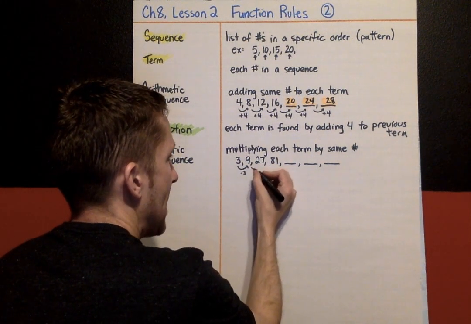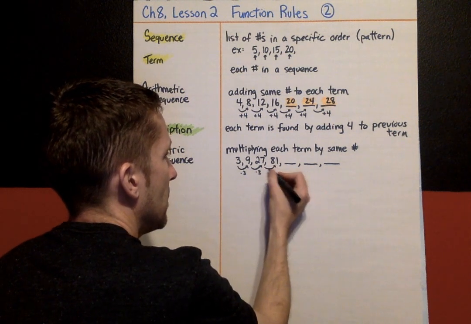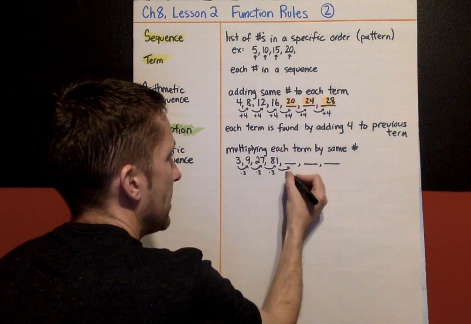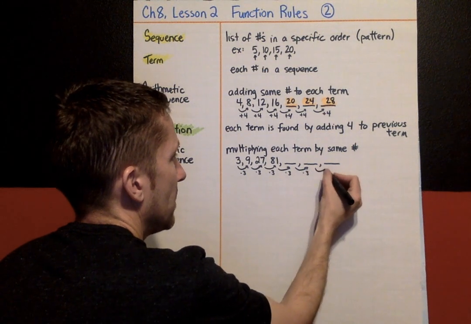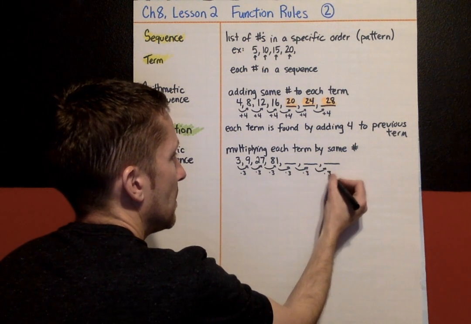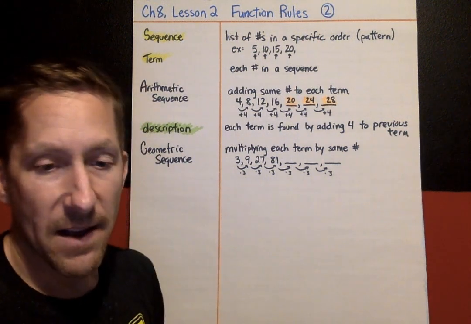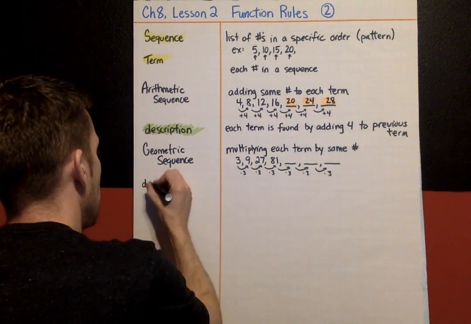How did we go from 9 to 27? Times 3. How did we get from 27 to 81? Times 3. And that pattern is going to continue for the next 3 terms. And of course, you can use a calculator if you're showing your work. So also the description.